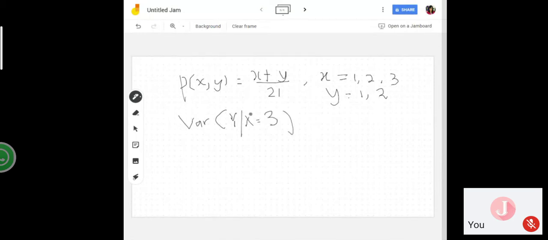So first you need to find P Y given X. And to find this, you need to find Px. Px dah ada dalam nota kamu sebelum ni, so kamu boleh ambil je.